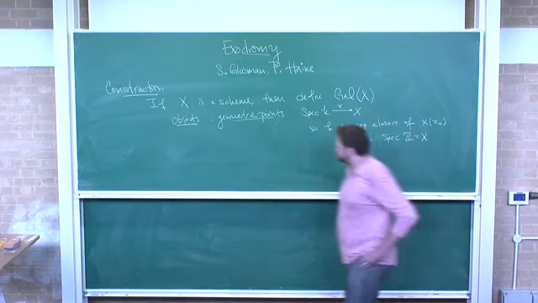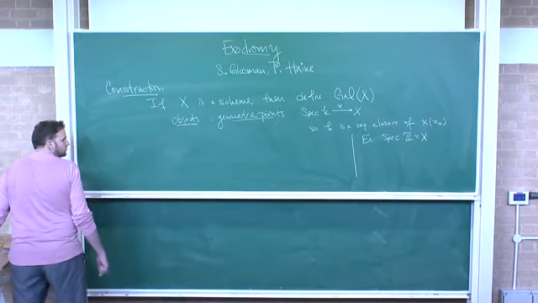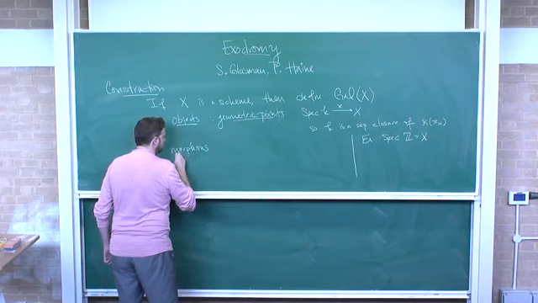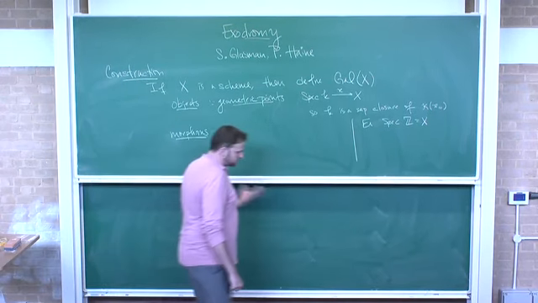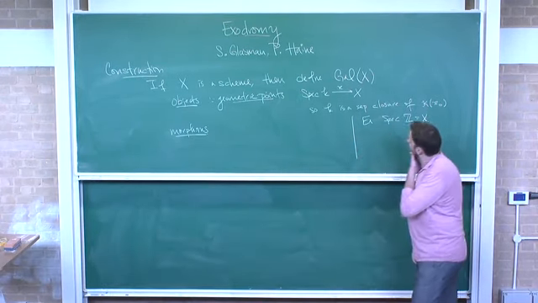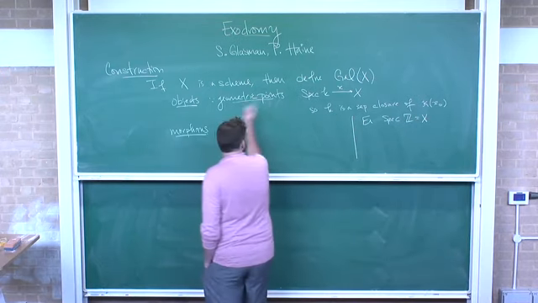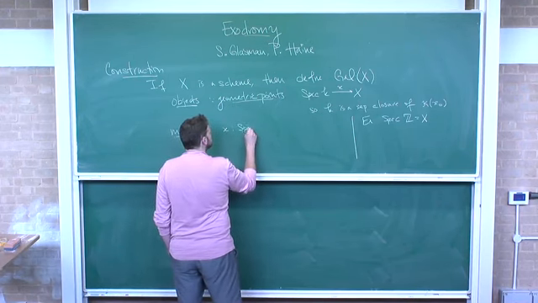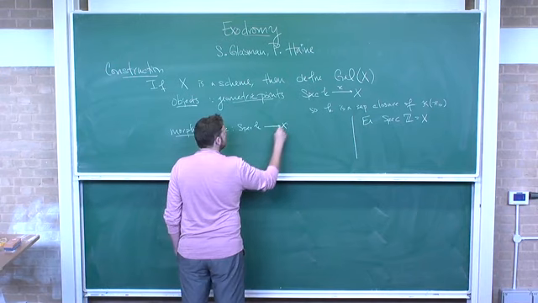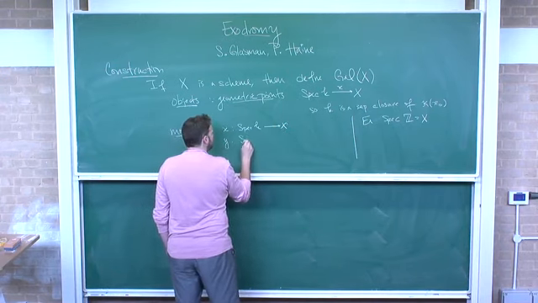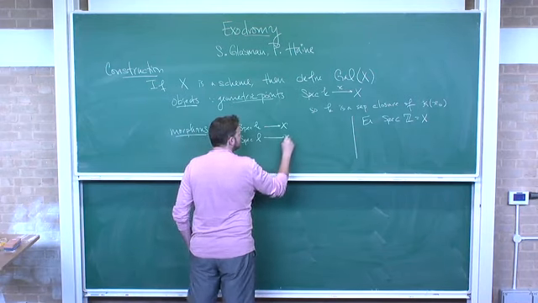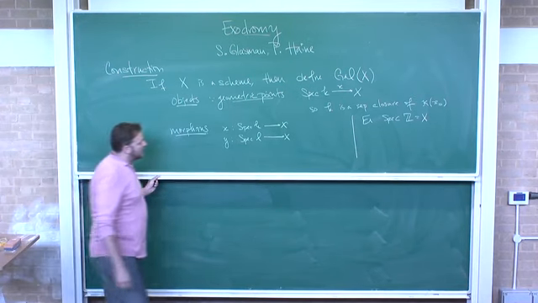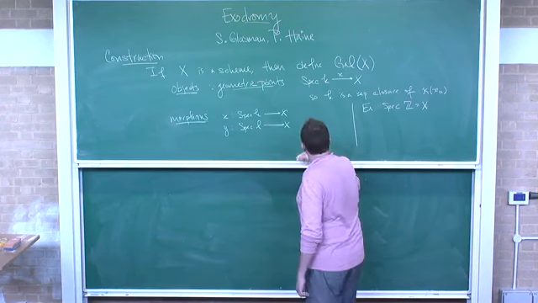I have to tell you what the morphisms are. So the morphisms go like this. Let's say that I've got two of these geometric points: x, which goes from Spec K to X, and y, which goes from Spec L to X. And I want to know what a morphism from x to y is.